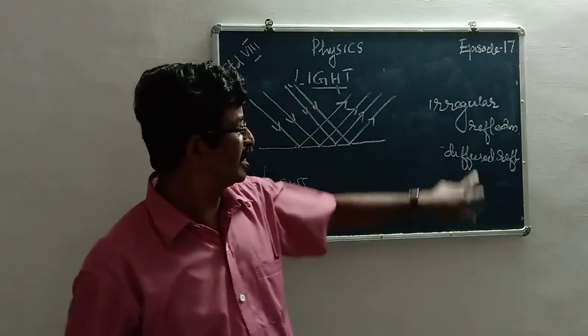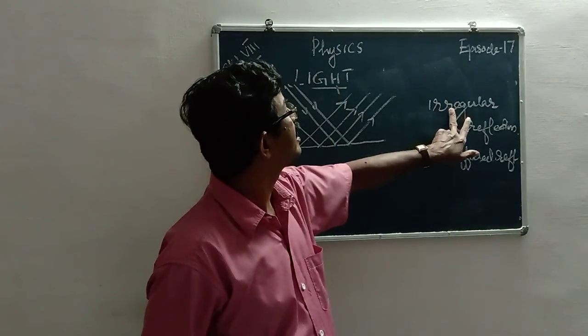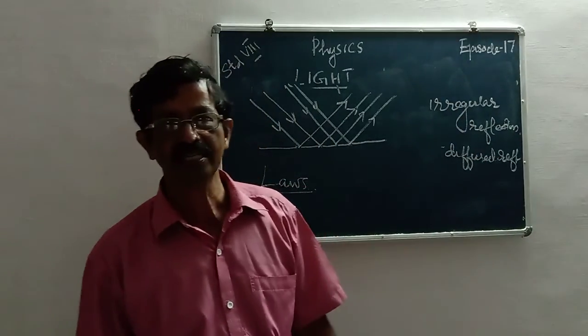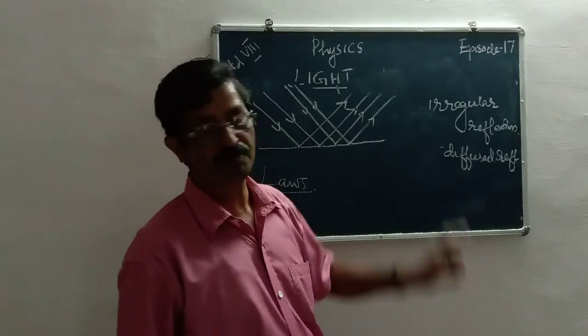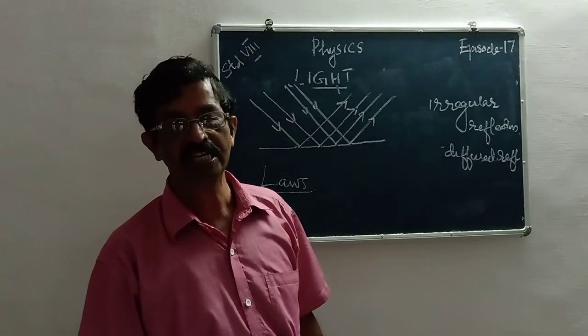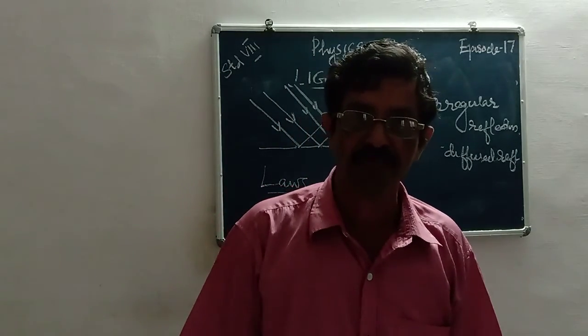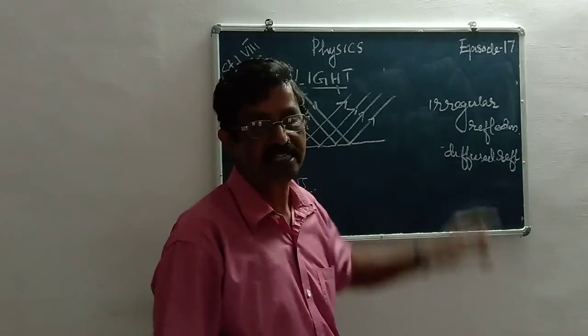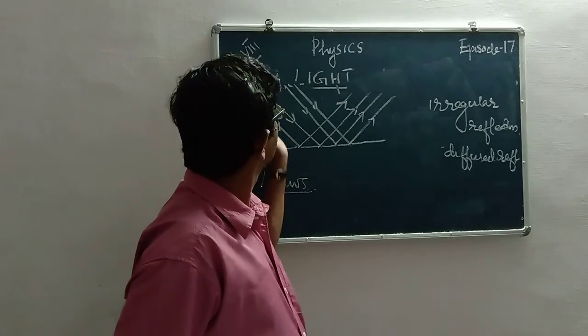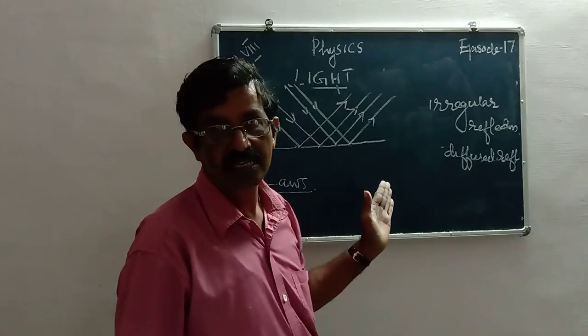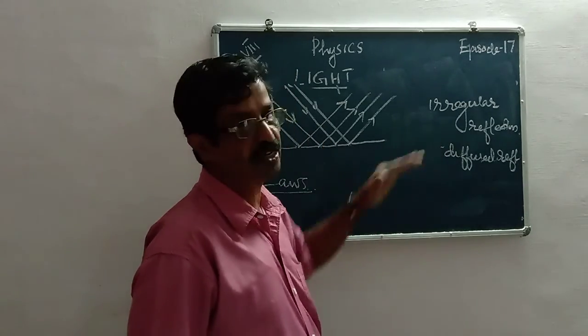Then we discussed irregular or diffused reflection. If the reflected rays are not parallel when the incident rays are parallel, that is called irregular reflection.